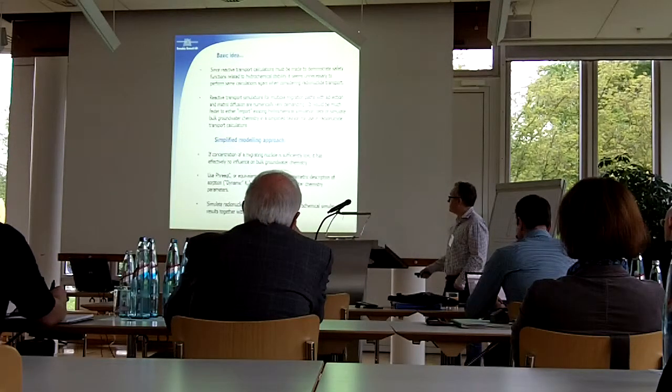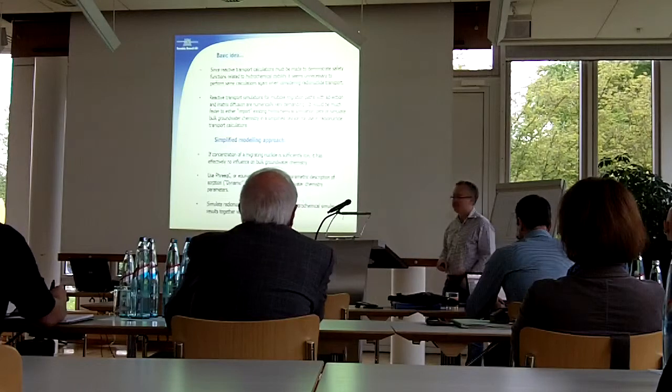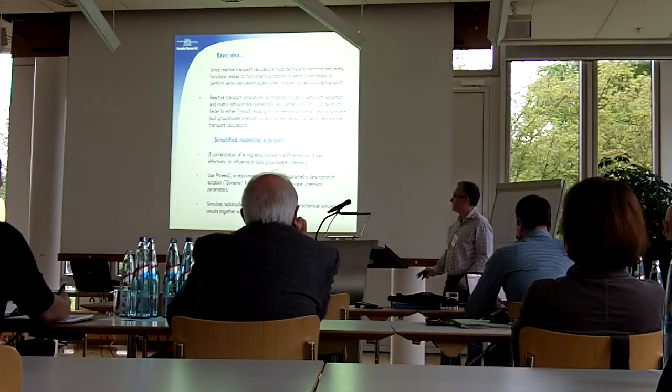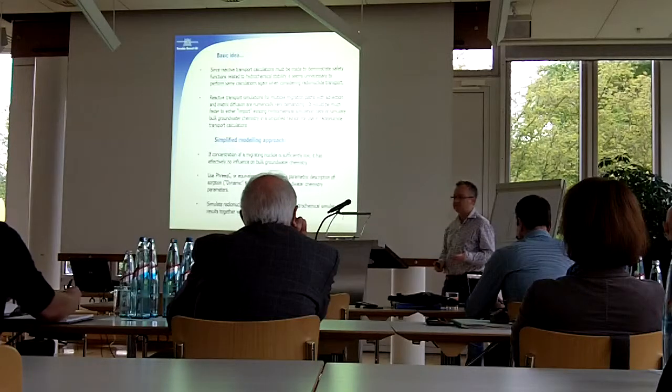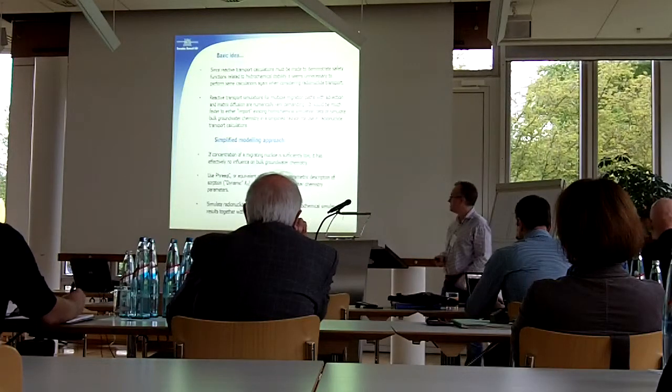And the simplified modeling approach I use is based upon the premise that if you have a really low concentration of the migrating nuclide, it has effectively no influence on bulk groundwater chemistry. Now, that's not always true. In some situations, particularly redox-sensitive solutes, it may have a strong influence on the redox state of the groundwater, but for some solutes you definitely can make this assumption.